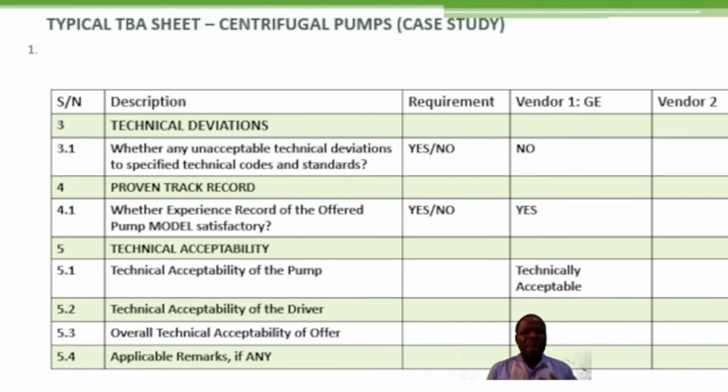Vendor two, to what percentage has it met these conditions as stated in my material requisition?